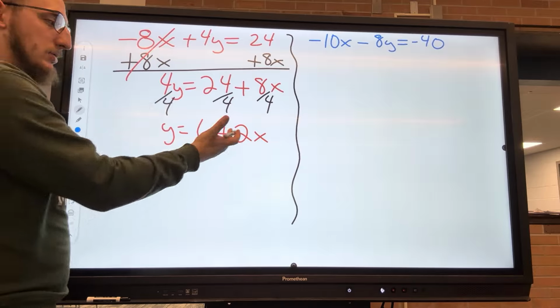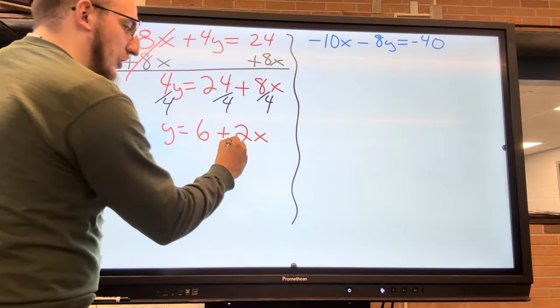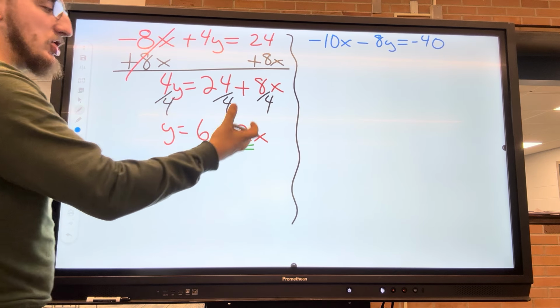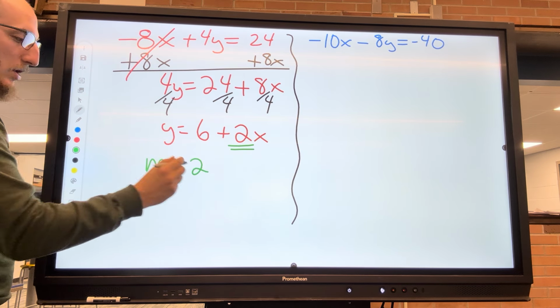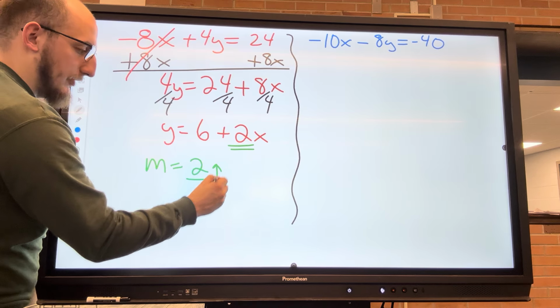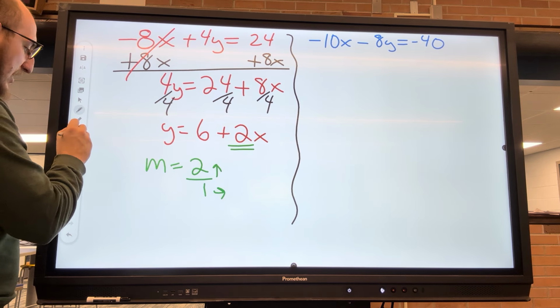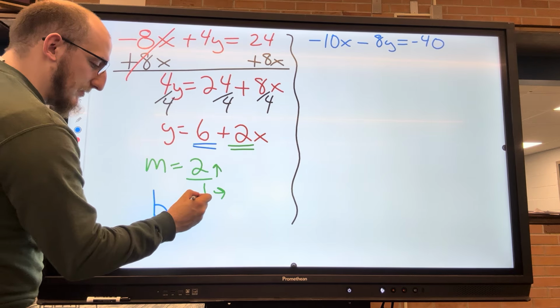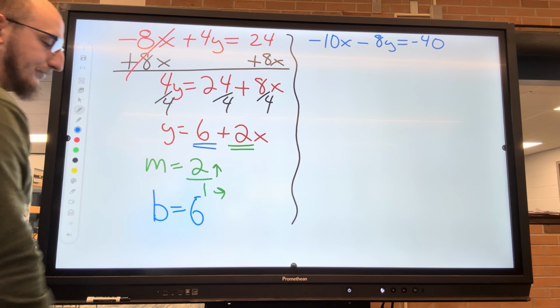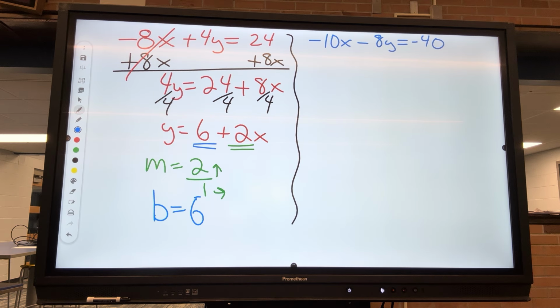Is it going to be 6 or 2? Hopefully you all said 2, because that is the number touching the x. So your slope is 2, or as a fraction, 2 over 1, up to the right. And your y-intercept is 6. I got to stop writing 6 because it looks just like my b. Nice, simple, and easy.